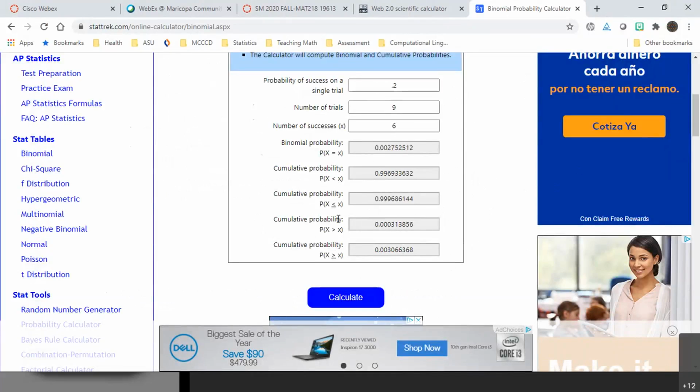Okay, I want the cumulative probability that it's greater than or equal, and here it is right here. Okay, so the online calculator is actually easier to use than a TI-84 because it gives you all of the probabilities equal to X, less than or equal to X, greater than X, every flavor you want. Okay, so that's kind of what I would recommend.